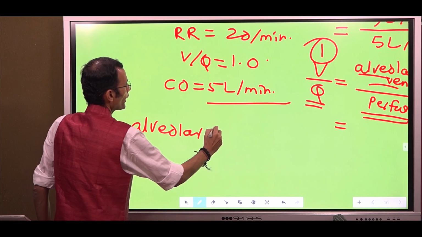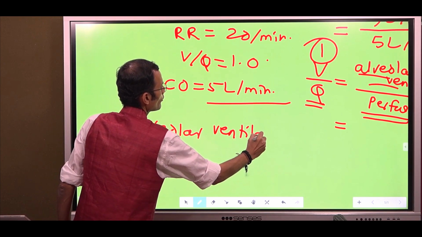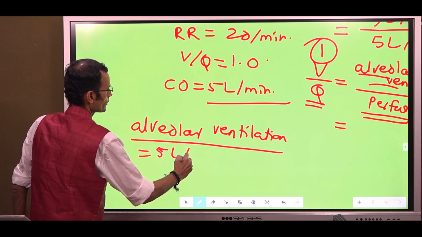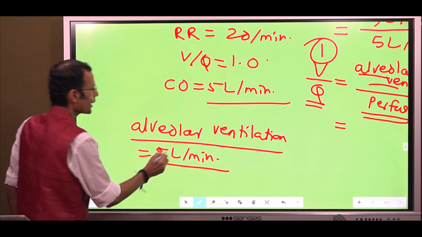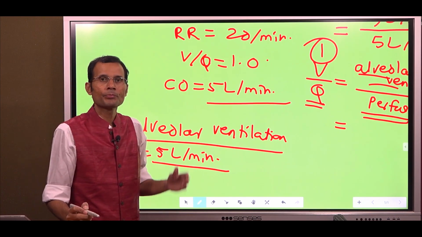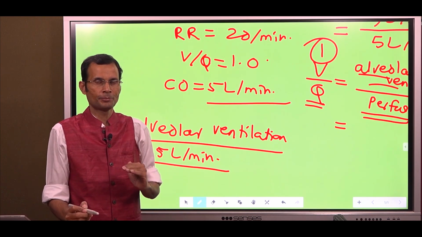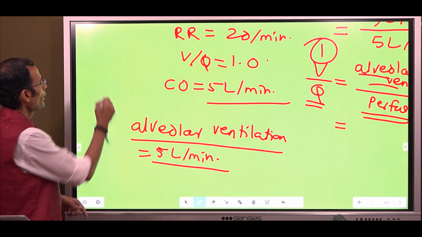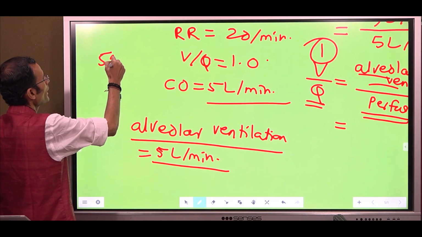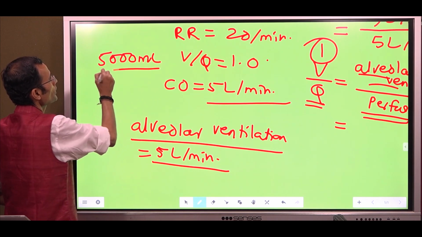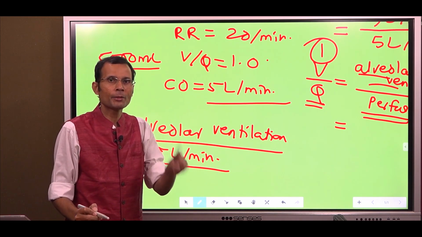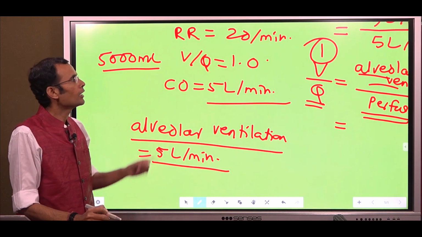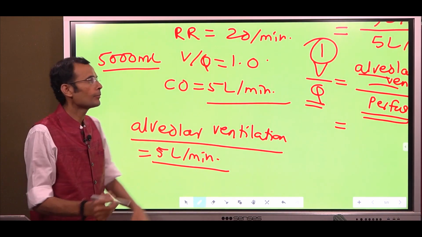So we are aware that alveolar ventilation per minute is 5 liters. This much air is reaching the alveoli every minute. 5000 ml is the air reaching the alveoli every minute. How much is the respiratory rate given in the data? 20 breaths per minute.